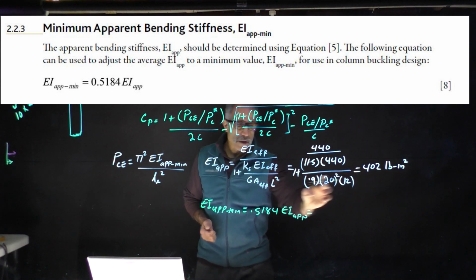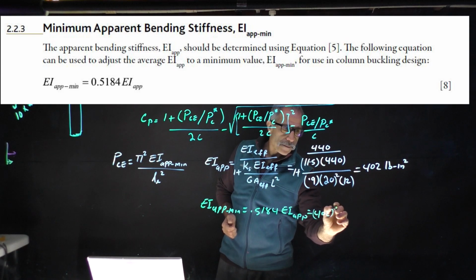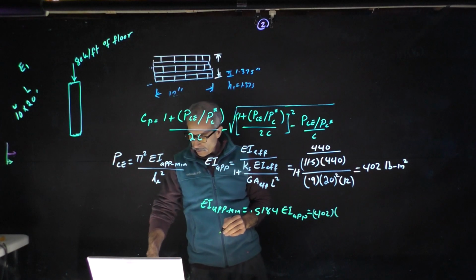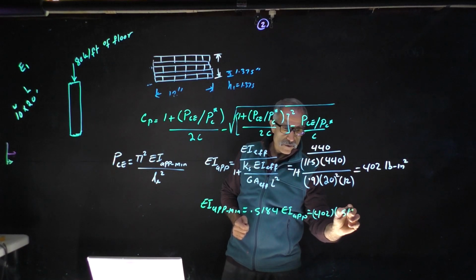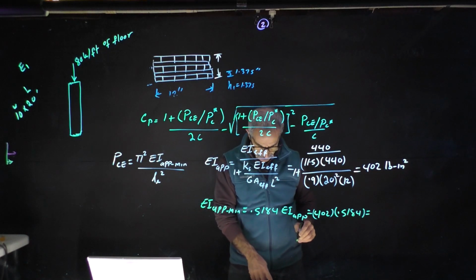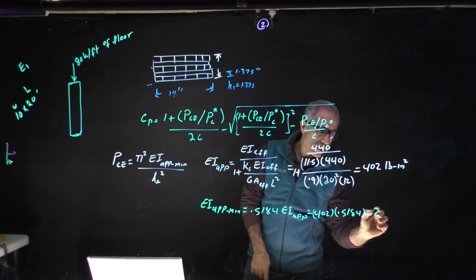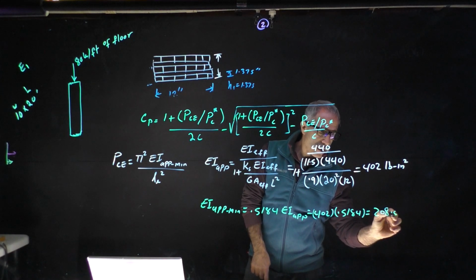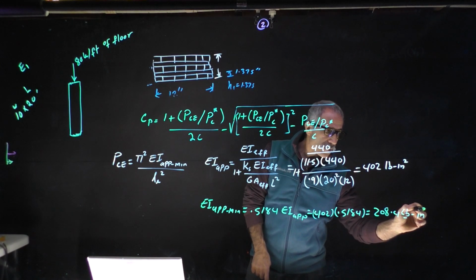And if we multiply this by 0.402 times 0.5184, that will give me 208.4 pound inch squared.